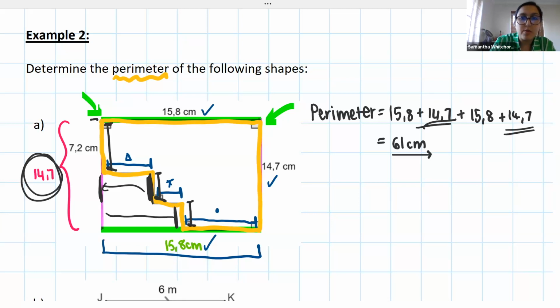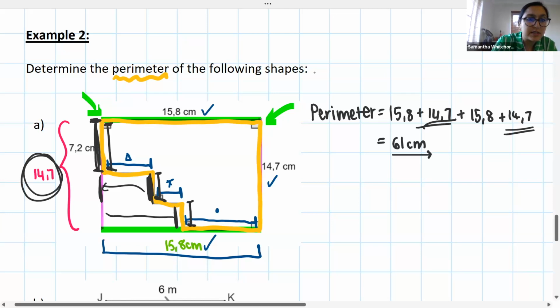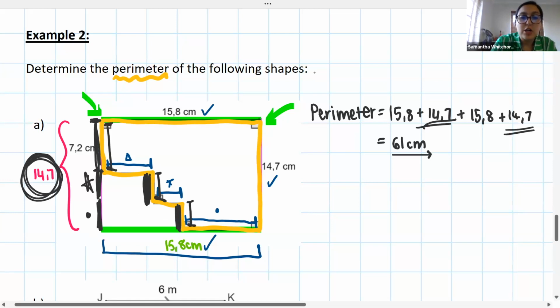The 7,2 is sort of this section on my rectangle. If we take this vertical length and this vertical length, and stack them all up with the 7,2, 7,2 plus whatever that length is, will in total become 14,7. So I do not need to add the 7,2 by itself because it's actually incorporated in my 14,7 already.